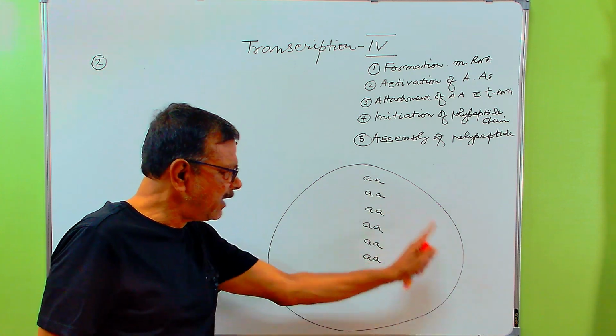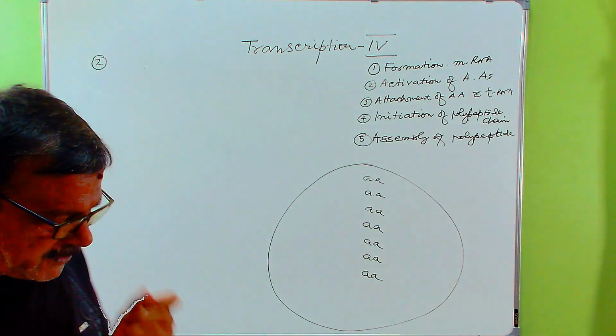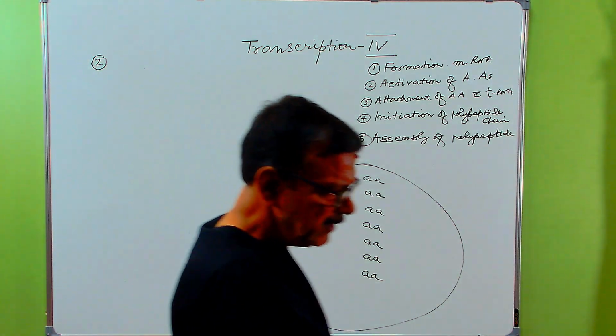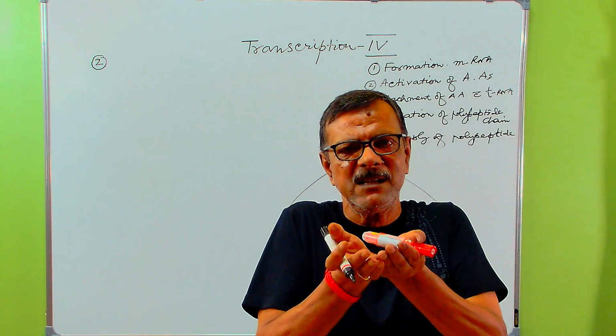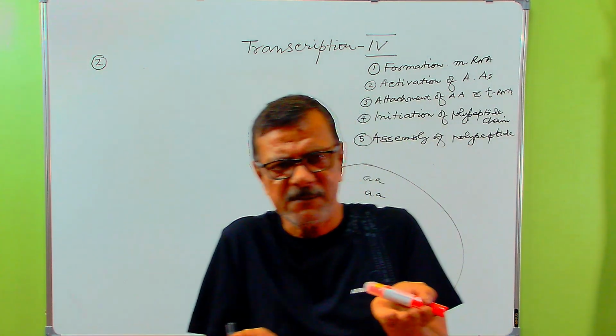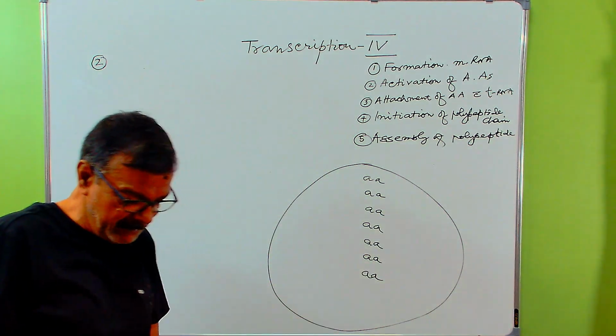In this way, there are 20 amino acids in the cytoplasm. They remain dormant, sleepy. They have to be activated to attach themselves to the tRNA.